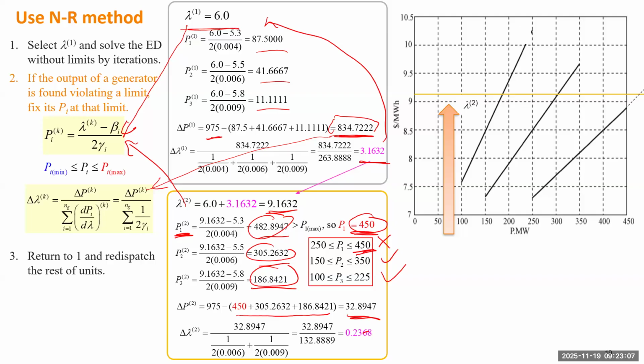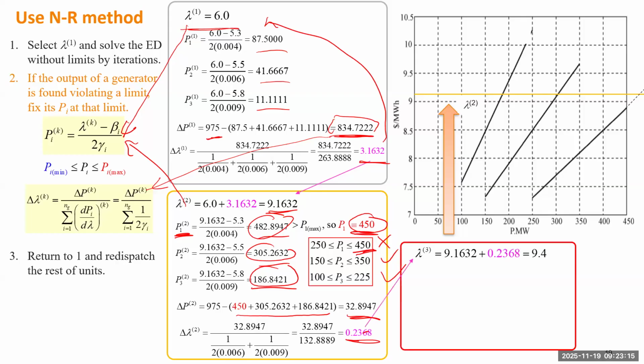With the second formula, you need to further increase the incremental cost by 0.23. To visualize this process, you fix unit 1 at the limit, but to make up the gap, you need to increase slightly for units 2 and 3 to get the new price.